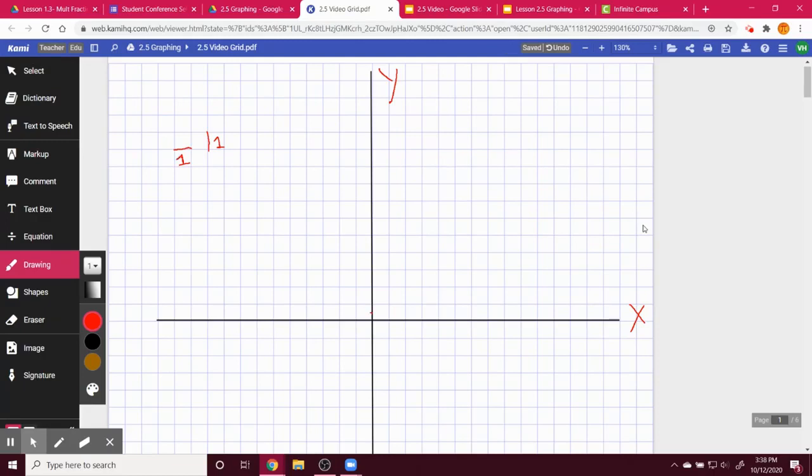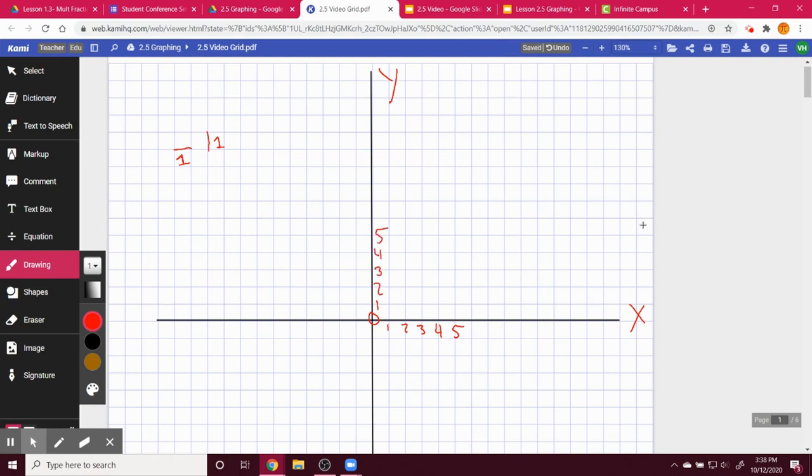So if we have our origin here, which as we mentioned is going to be 0, we can make this 1, 2, 3, 4, 5, and we could keep going. I'm just going to go up to 5 for there. Going up on the y-axis, this is going to be 1, 2, 3, 4, 5, and again we could keep going up if we wanted to.